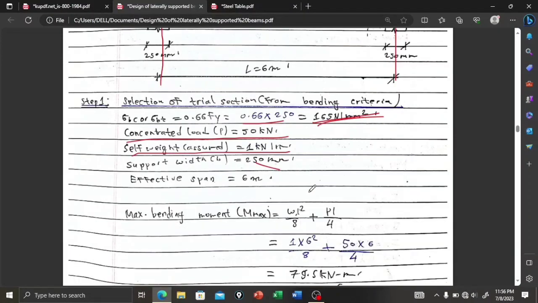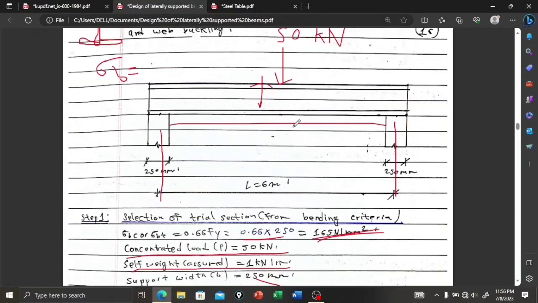Effective span is 6 meter. Maximum bending moment is WL square by 8 due to self weight and PL by 4 due to this 50 kilonewton.